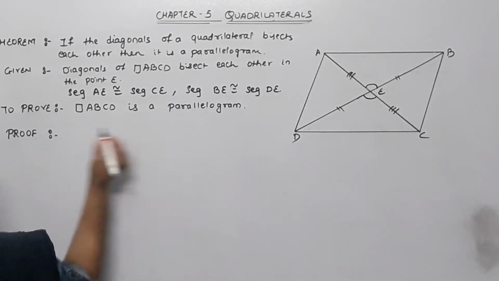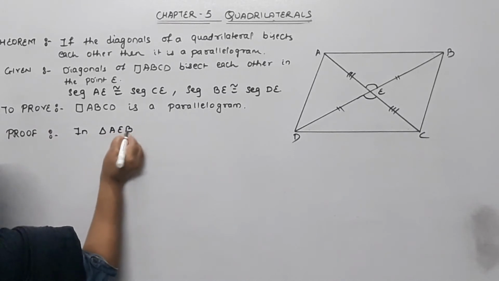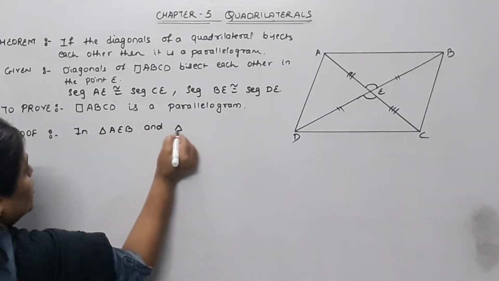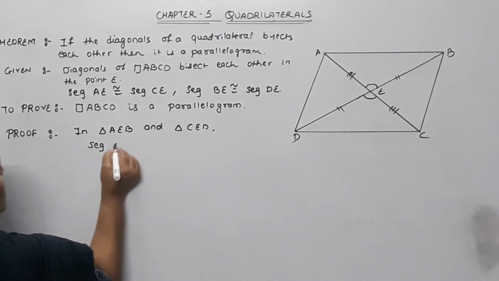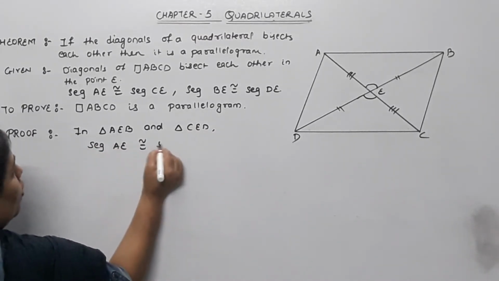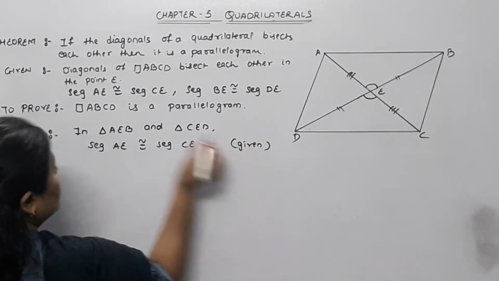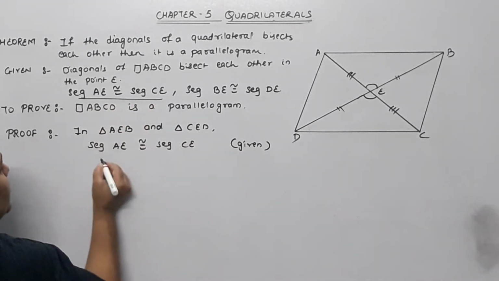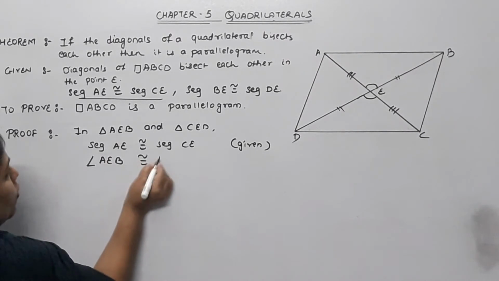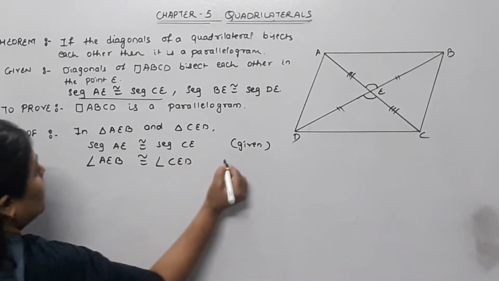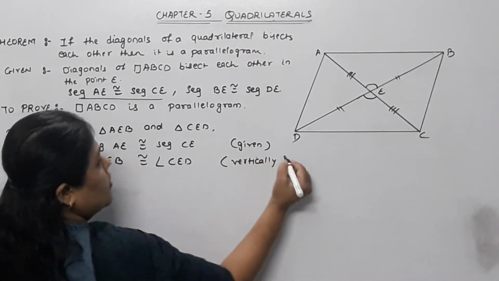Here we will write, in triangle AEB and triangle CED, seg AE is congruent to seg CE, is given. See here. Right? Then angle AEB is congruent to angle CED, vertically opposite angles.